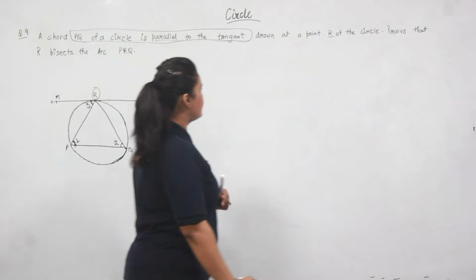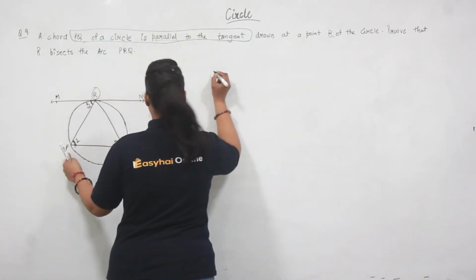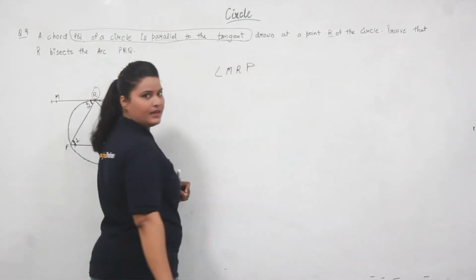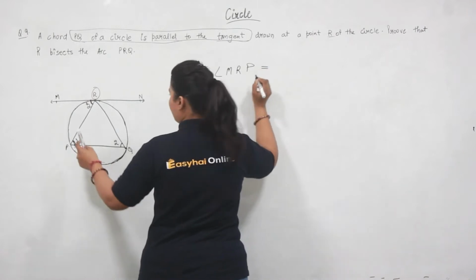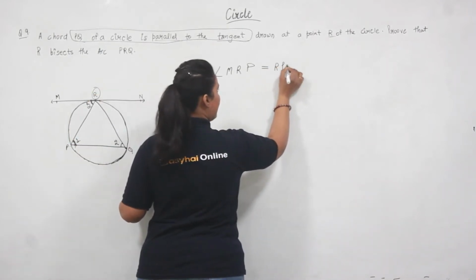So let's write it: angle MRP will be equal to angle RPQ.